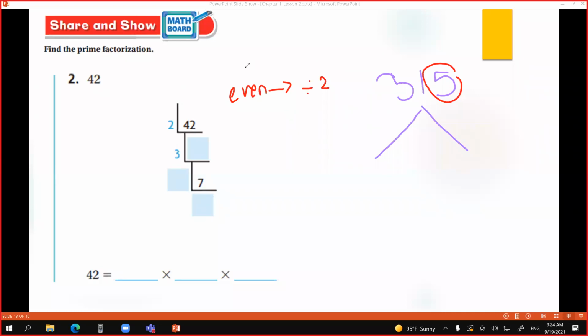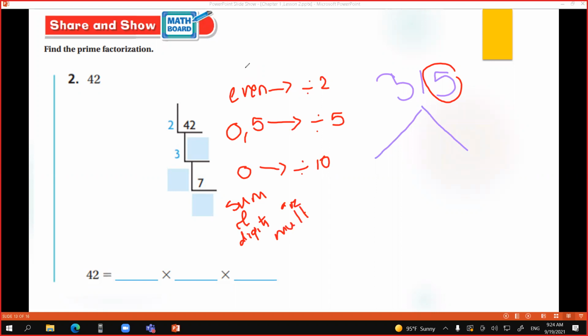If it starts with 0 or 5, it can be divided by 5. If it starts with 0, it can also be divided by 10. If the sum of the digits is a multiple of 3, it can be divided by 3.